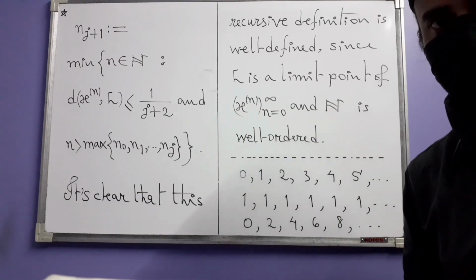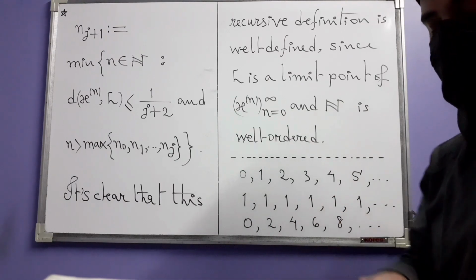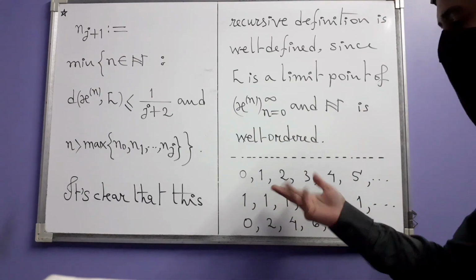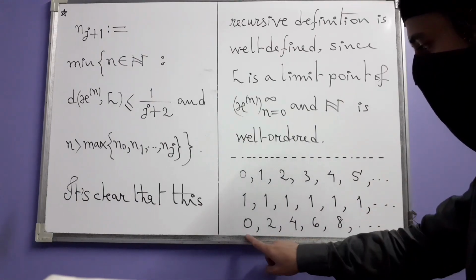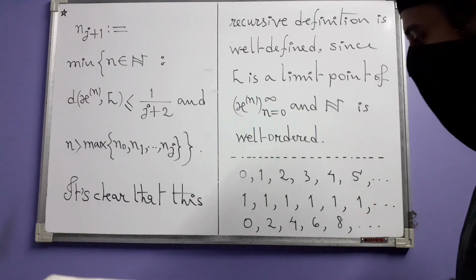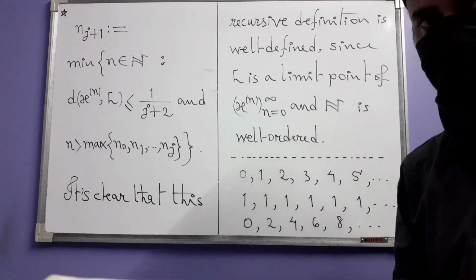That is not there. You can think of other sequences also where things will oscillate, say 1 0 1 0 1 0 like that. That also lacks that property, so that is not a subsequence of this. This, however, is a subsequence of the sequence of natural numbers. It's the sequence of even natural numbers.